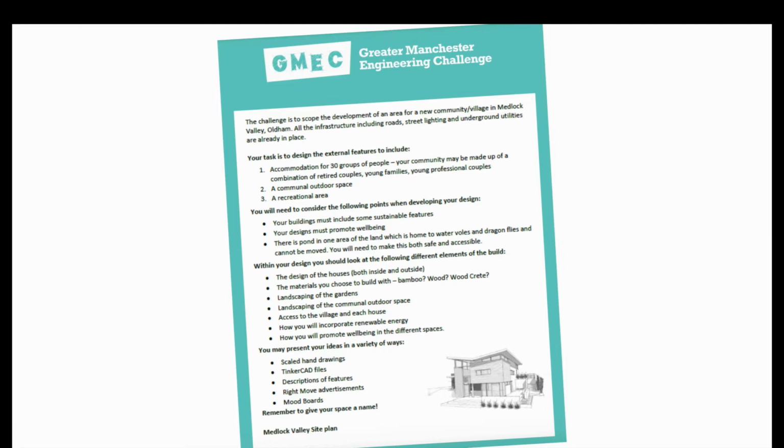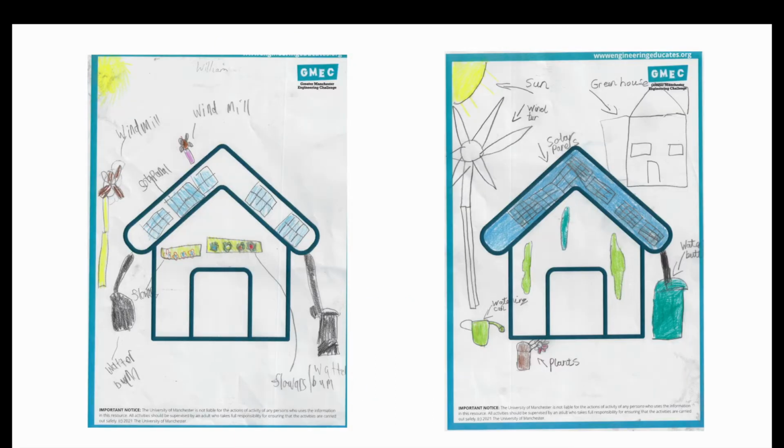On the point about the sustainable features, let's just remind ourselves with some fantastic work that we got sent from one of the previous GMEC lessons about the kinds of sustainable features that you can have on houses. So in this activity, these two pupils took a basic design of a house and then added on things that they could that would make them more sustainable. So we've got things like windmills, wind turbines that can be used to generate electricity.